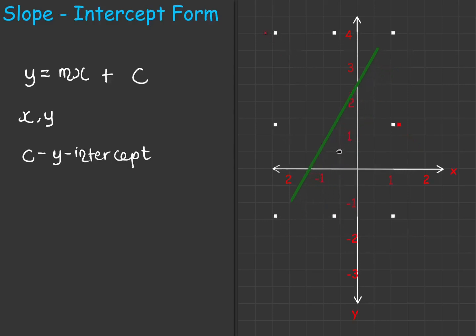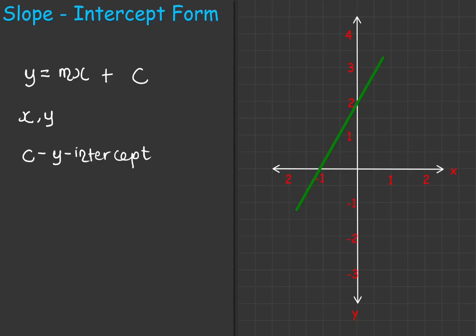So if I bring my line here, this point becomes my y-intercept, whereas this becomes my x-intercept. Now, since it is a point, it is written as a coordinate.